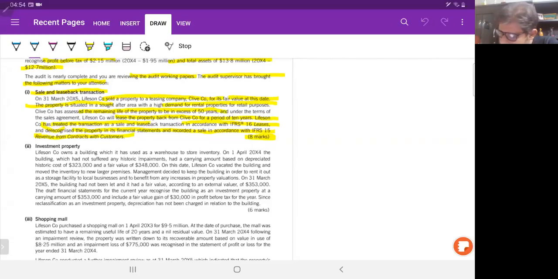All right, now we will look at the second part. Lifeson Go owns a building which it has used as a warehouse to store inventory on 1st April 2004. The building, which had not suffered any historic impairments, had a carrying amount based on depreciated historic cost of $323,000 and a fair value of $348,000 on this date.